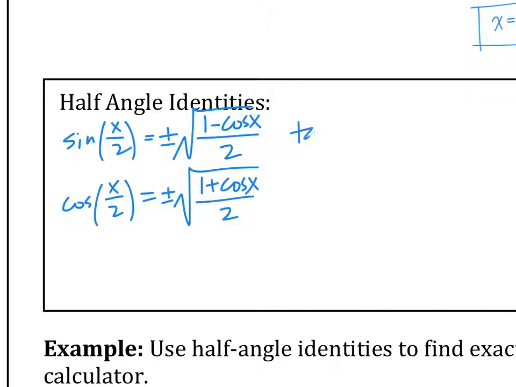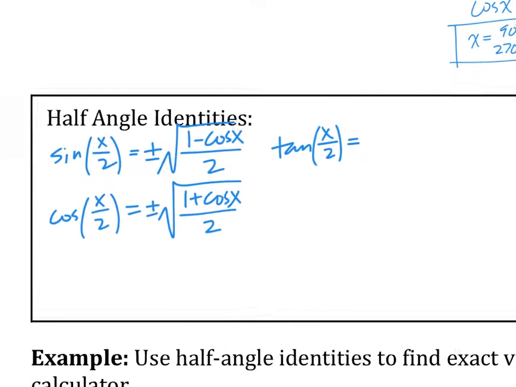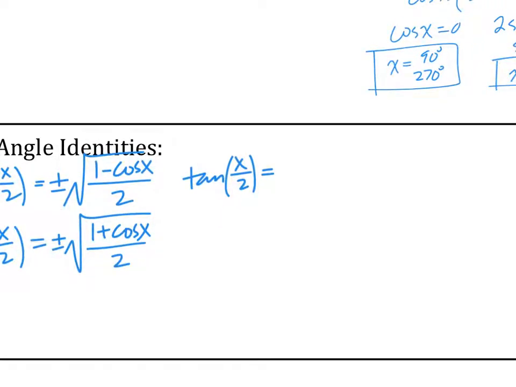For tangent, there are 3 different choices, but the basic one is that tangent is just sine over cosine. So if you take the sine formula divided by the cosine formula, you are going to end up with plus minus square root of 1 minus cosine x over 1 plus cosine x.